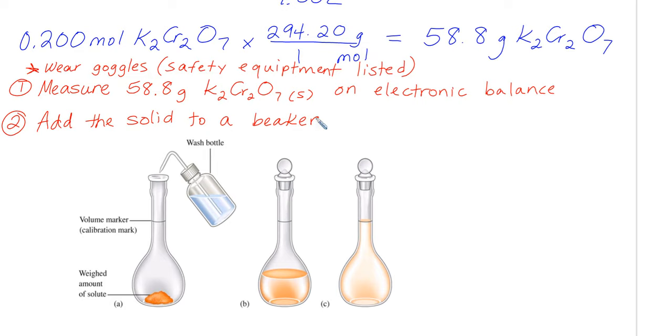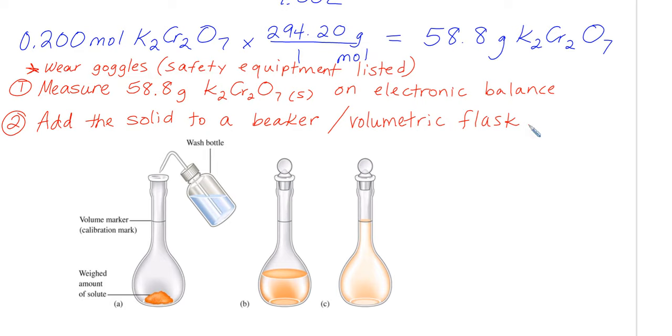Or often they'll give you these volumetric flasks. A volumetric flask looks just like this picture. You put your solid in the bottom. They only have 1 mark. So, you could get a 500 milliliter volumetric flask.